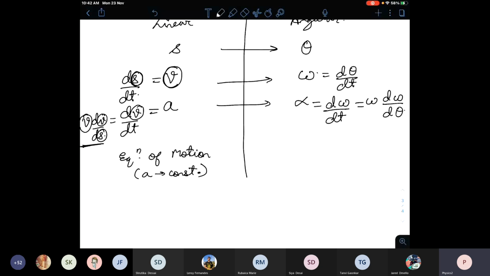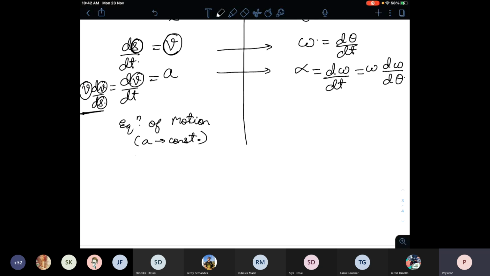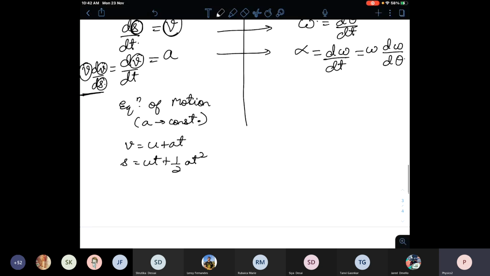Now what are the equations of motion? You remember the three equations: v is equal to u plus at, s is equal to ut plus half at square, and v square is equal to u square plus 2as. These are the three equations of motion in linear motion.